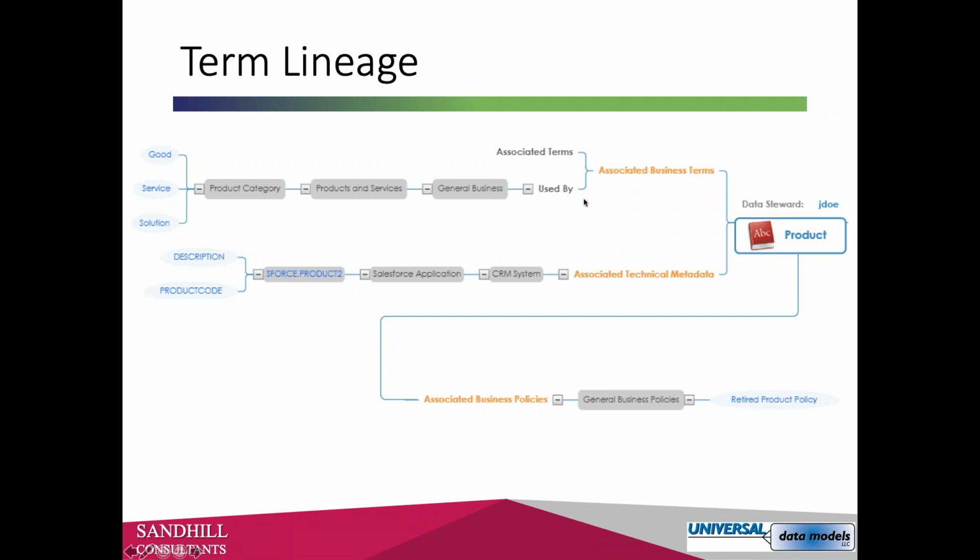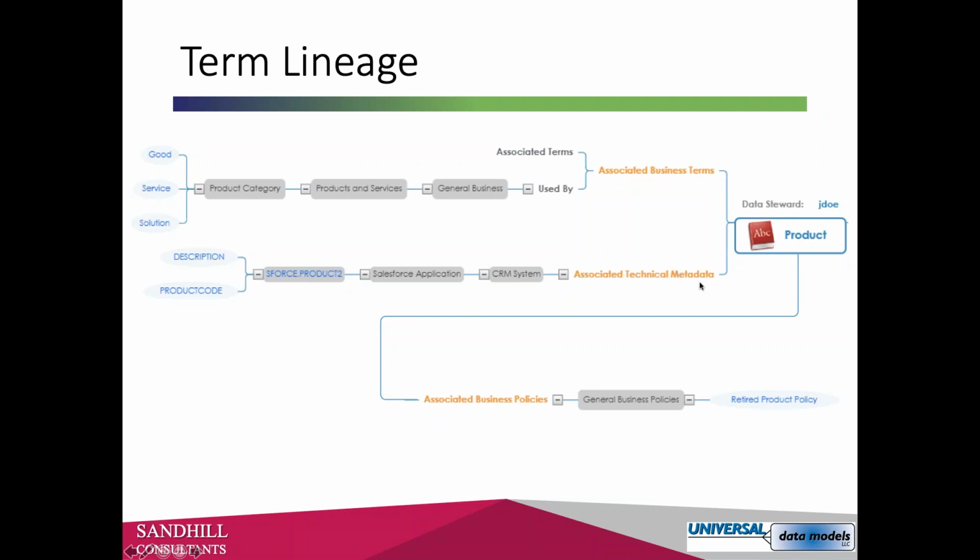So in associated business terms, we're looking under the general business knowledge area down into specifically products and services, and then further refined down into a product category, where we can see that a good, a service, and a solution all relate to this. So that tells us that product from a business perspective can be looked at as a good, a service, or a solution.